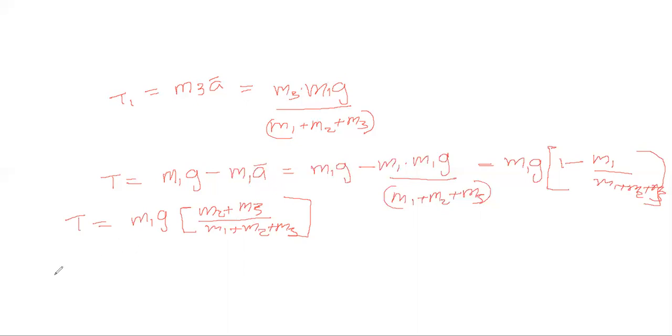So now we have found the expression for acceleration: a is equal to m1g divided by m1 plus m2 plus m3.